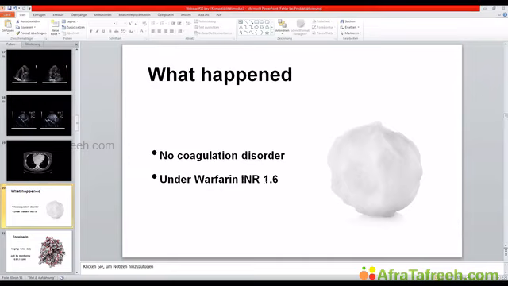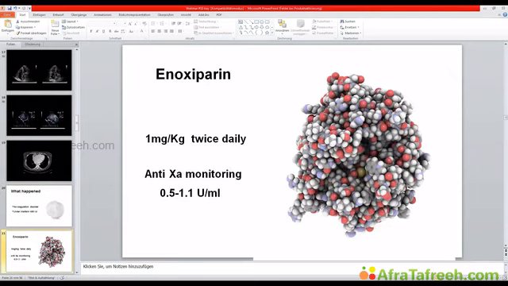It was somewhere between maybe 1.6 and sometimes 1.8 to 1.9. So we thought that she was simply not anticoagulated sufficiently. So we gave her enoxaparin, 1 milligram per kilogram twice daily, so a therapeutic dose, and we monitored her anti-Xa, which should be in the range you see right here.